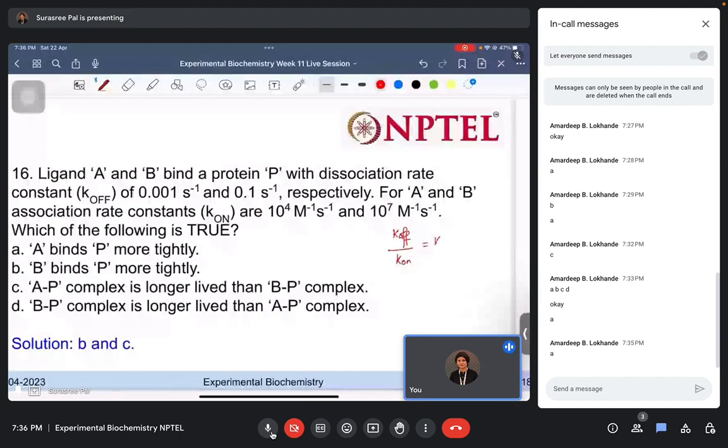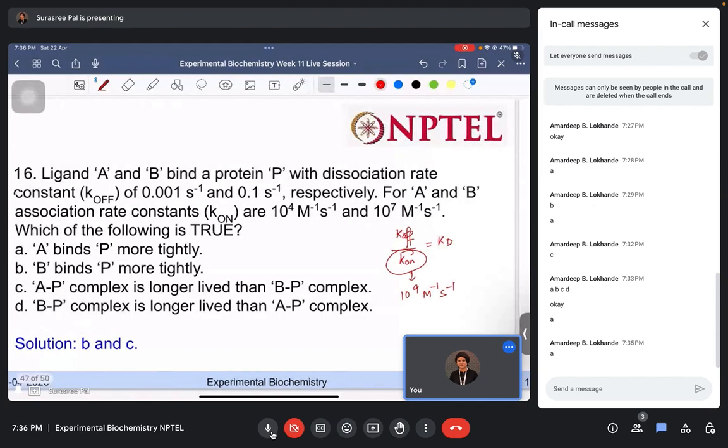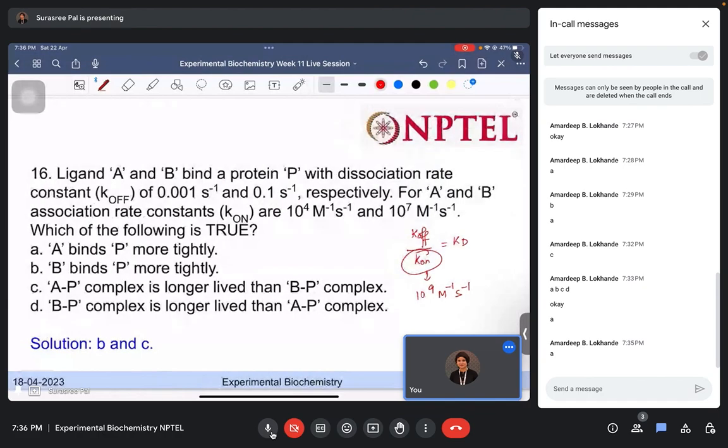and K on has a limitation. K on has a limitation of the diffusion. So it is limited to 10 to the power 9 per molar per second. That is the maximum K on that can be achieved. It is the limit of diffusion rate. Therefore, A has an association constant of 10 to the power 4 and dissociation rate is 0.001, that means 10 to the power minus 3, right?